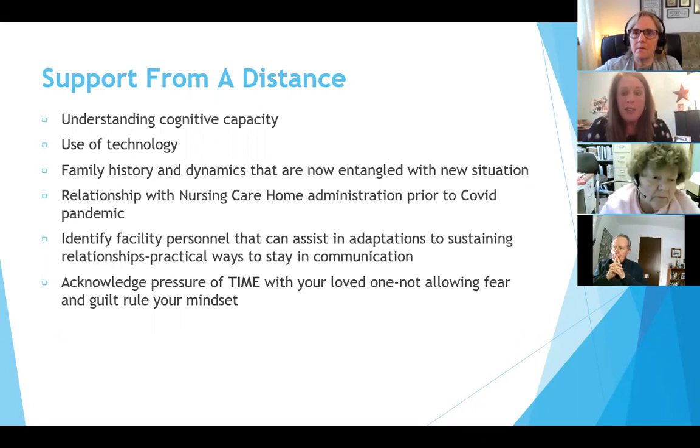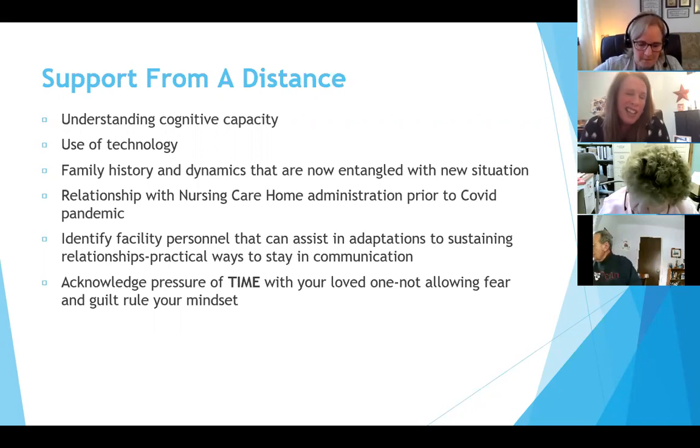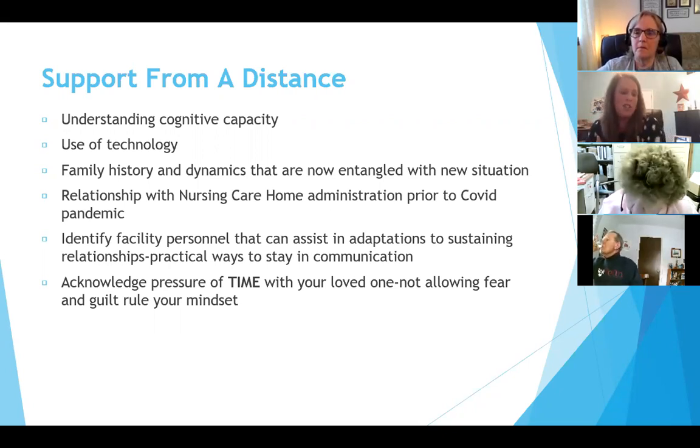And now we're given this situation with the pandemic, and you feel this tick-tock, this clock ticking, of I have even less time with them now. And making peace with that, this unexpected situation that none of us envisioned, and not getting into ruminative thinking of what you can't change. So what can you do to change things? What can you control? We have that pressure, but give yourself grace with that.